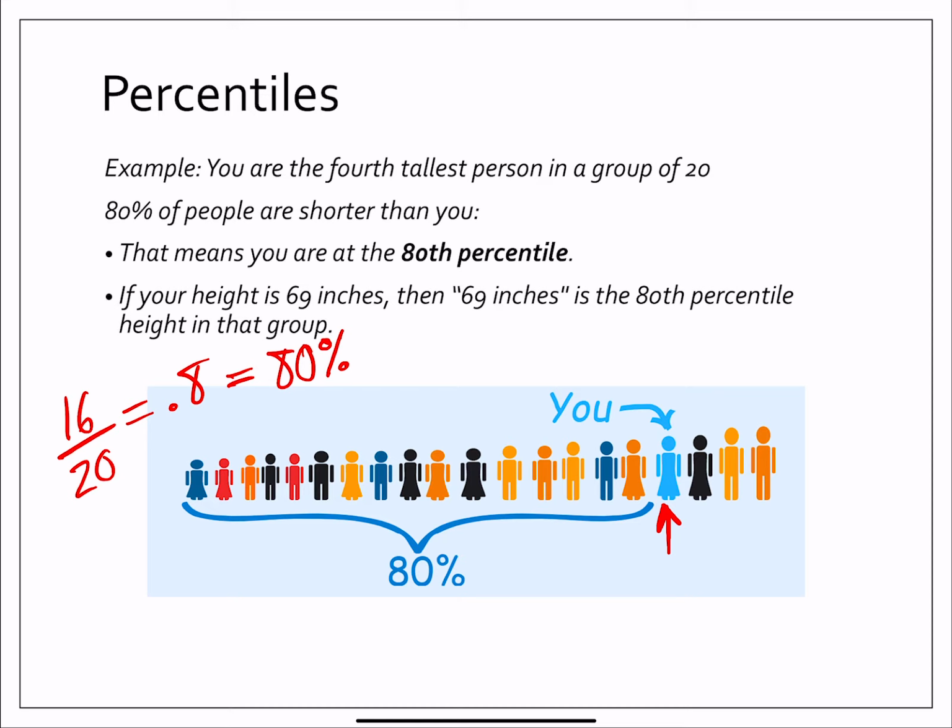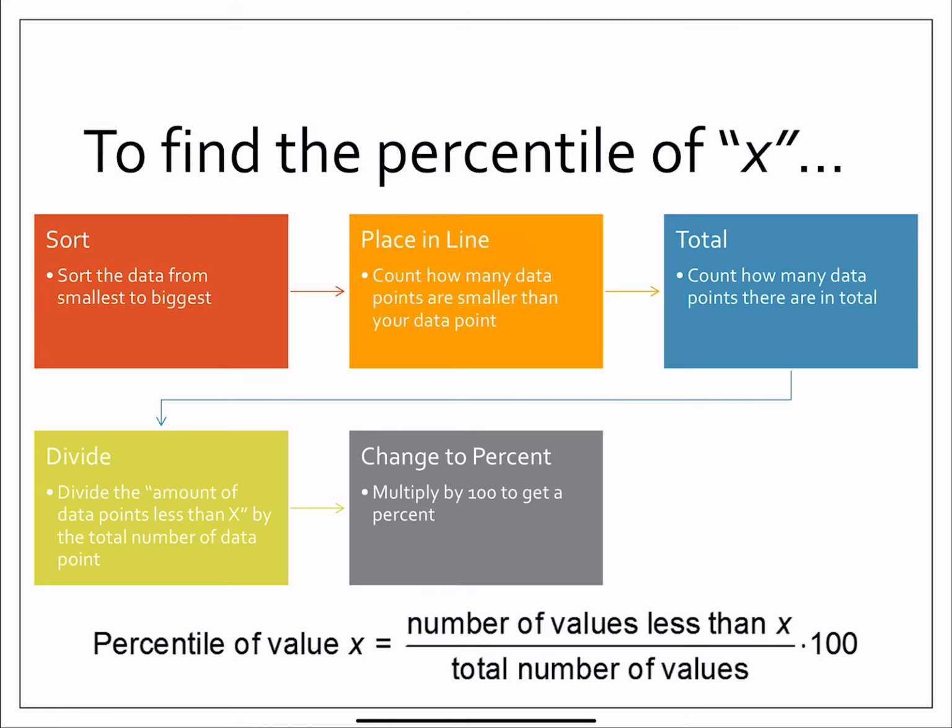So let's keep going. We're going to get a formal way of finding the percentile if we have the space in line. The first thing we want to do, similar to how we find the median, is sort the data from smallest to largest. Second, we need to find what place in line the data point that we care about is.